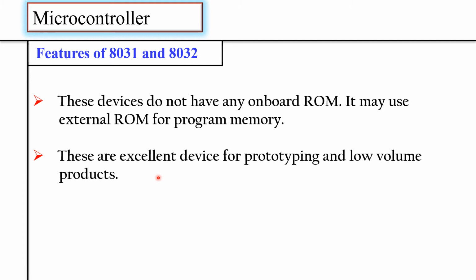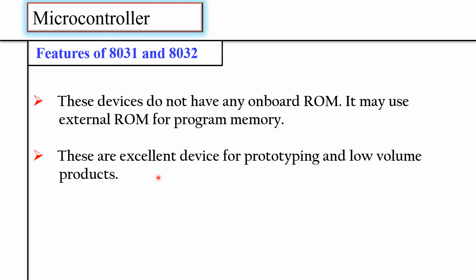So there are four categories of the family. Number 1, 8048, 8049, 8050. Then we saw 8052, then 8052AH BASIC, then 8031 and 8032. 8048, 8049 and 8050 were all of the same nature.